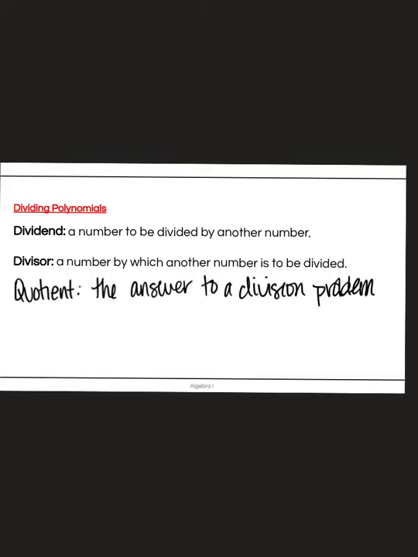Okay, let's get started with our examples. Find the quotient of the following: x to the third minus 6x squared plus 10x minus 8, divided by x minus 4. You're going to set this up just like a regular division problem with numbers. So we have x minus 4 divided into x cubed minus 6x squared plus 10x minus 8.